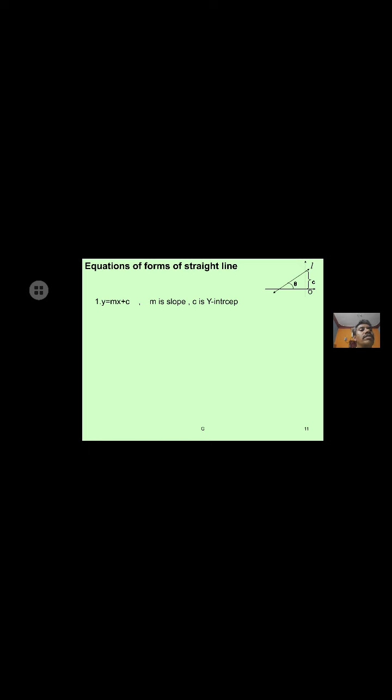On the y-axis the line cuts at a distance of c from the origin. So c is the intercept on y. Our slope intercept form is y equals mx plus c. m is the slope and c is the intercept on y.